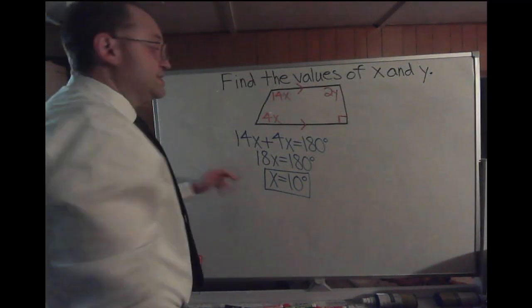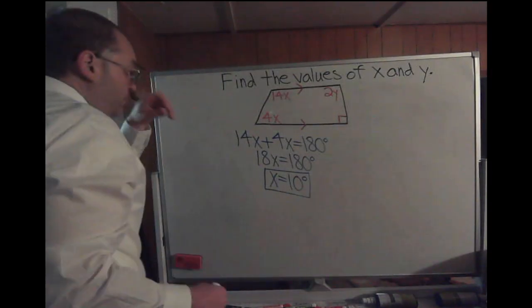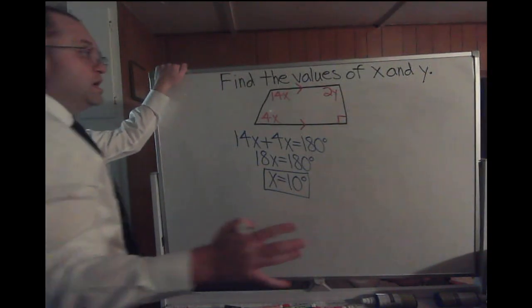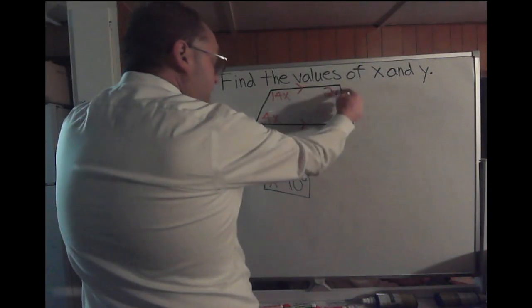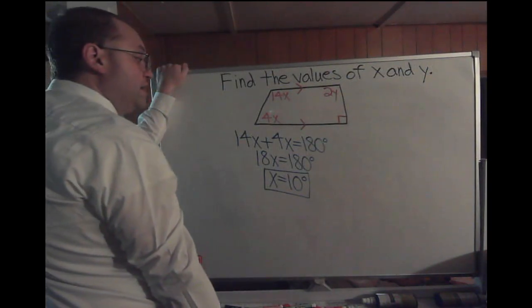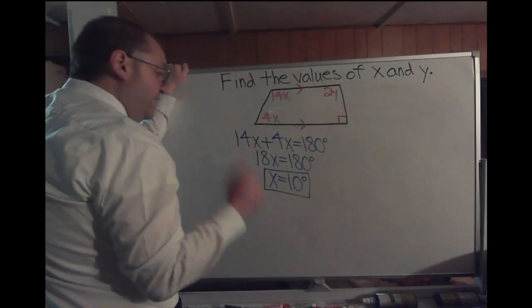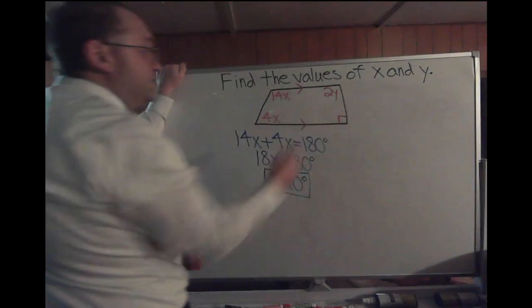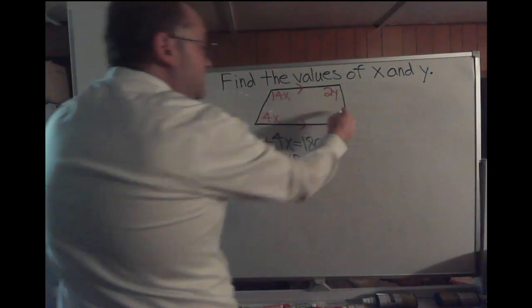Alright, well, let's look at the y side now. Again, you have the top and bottom line are parallel to each other, and the right side's a transversal between them also. We also know for a fact that these are, again, same side interior angles. You have a 2y and a 90.